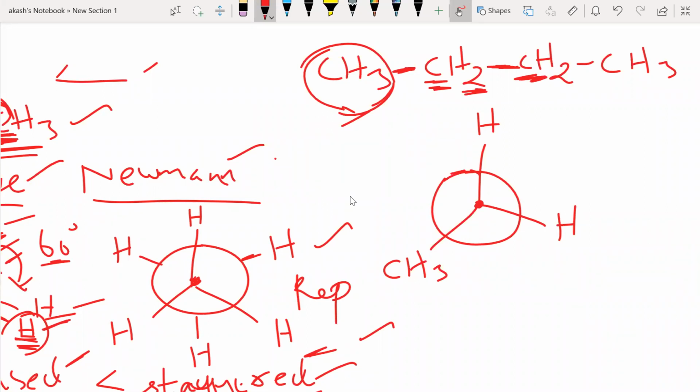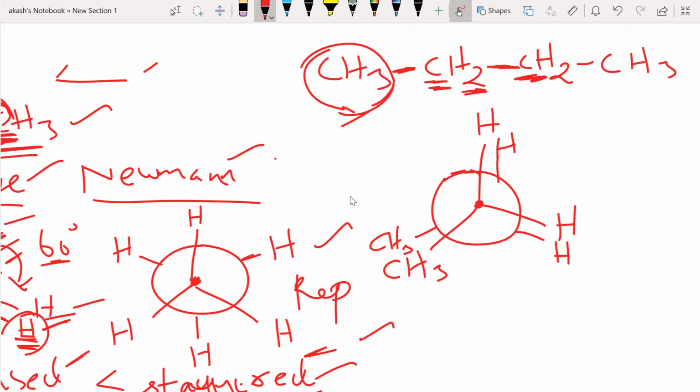That means the H's coincide and the methyl group also coincides. If you look from the front, you will see two hydrogen atoms and one methyl group, because the other three are inside and exactly in line with the first ones, so you will not be able to see them.